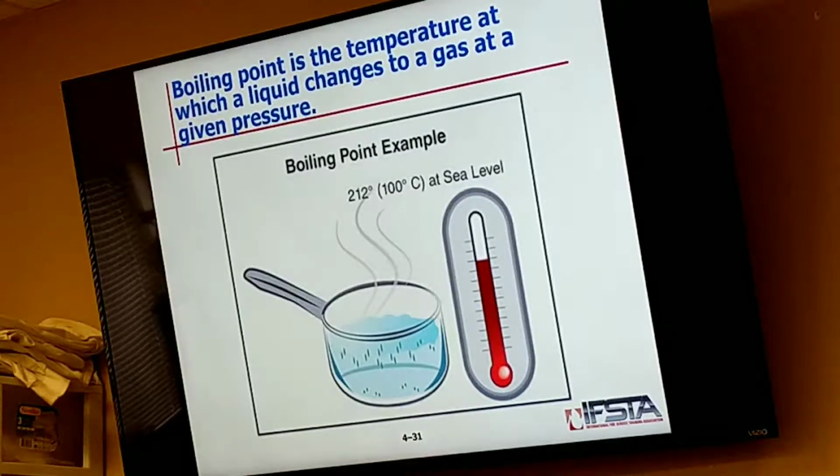Flammable materials with low boiling points generally present special fire hazards. Okay, we talked about this last time.